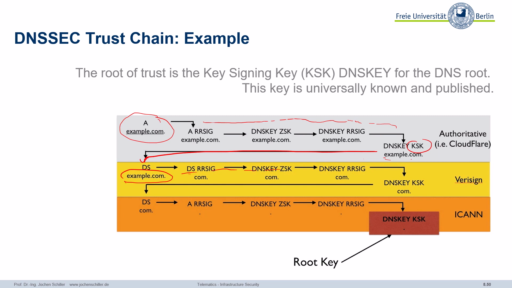Then within the level we continue, and we go one level up, someone points to this example.com until we reach the root key. So this is how we can establish this trust chain.